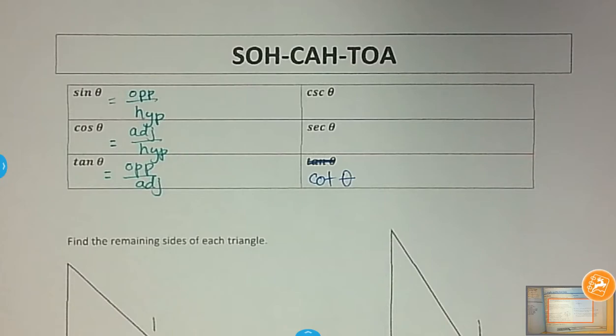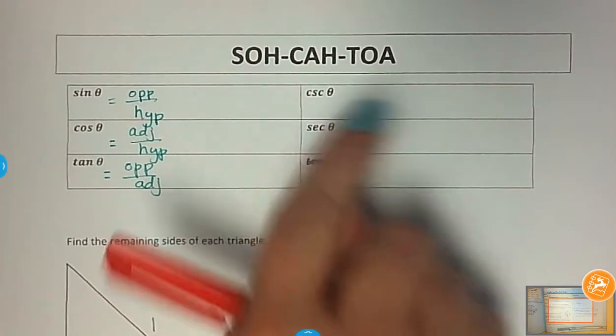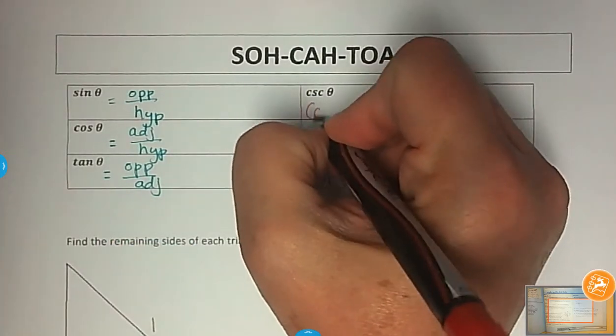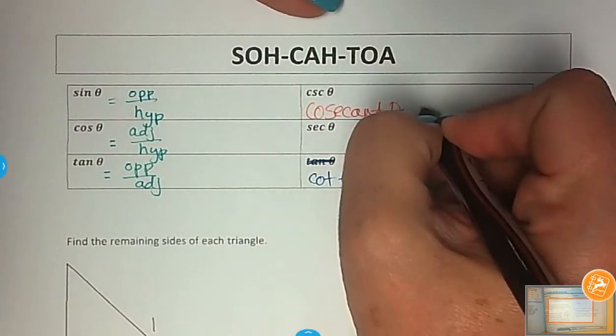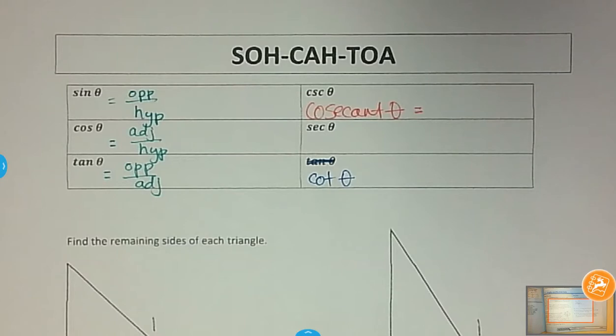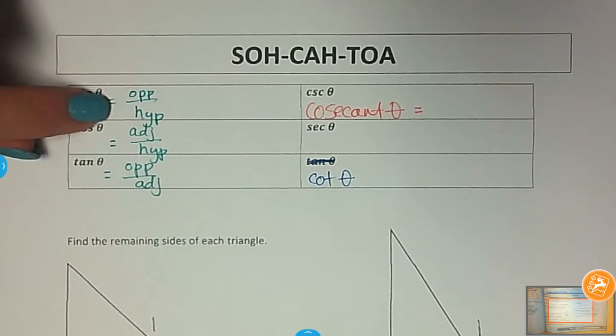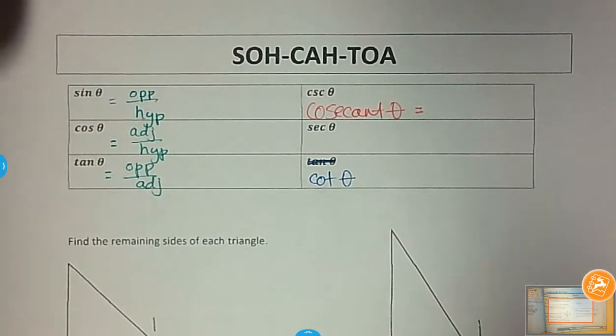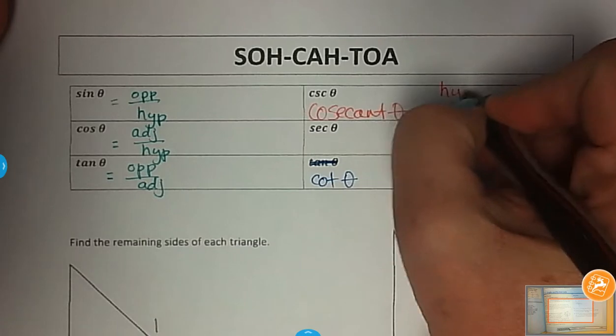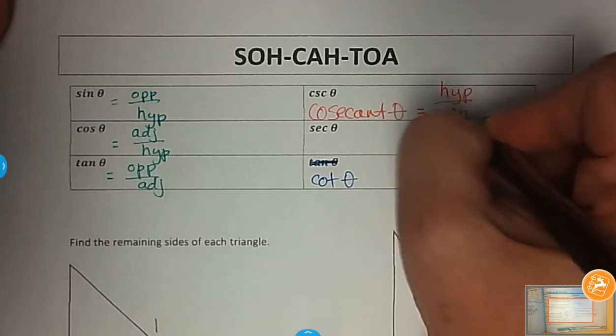So now, CSC theta, that is cosecant. Well, cosecant is just the reciprocal of the sine. So all we're going to do is take this fraction here and flip it upside down. So cosecant is the hypotenuse over the opposite.